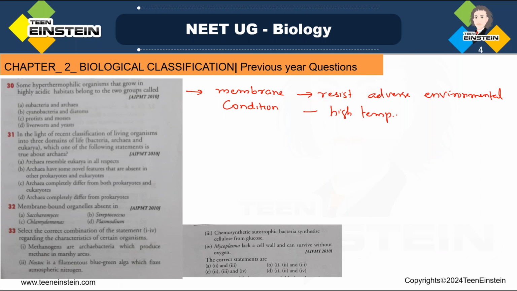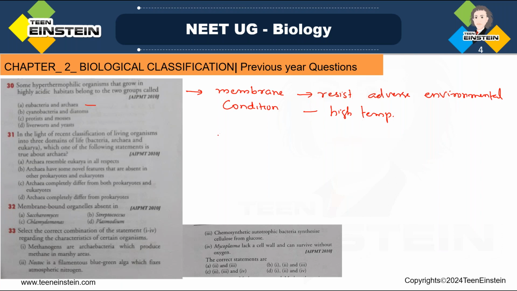And here we said eubacteria, archaebacteria and all. These organisms can also survive in low pH. Low pH means, what do you mean by that? Highly acidic condition.